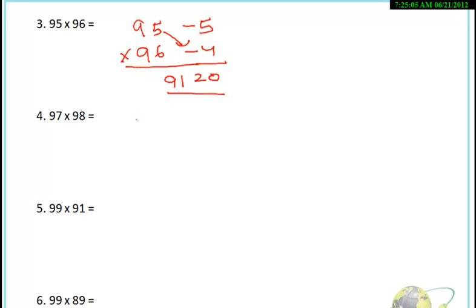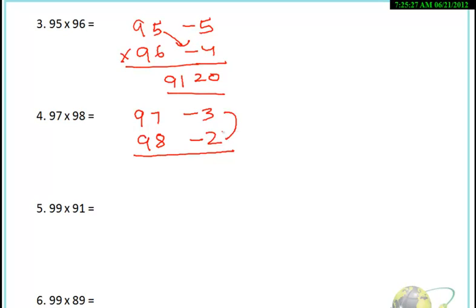Similarly, 97 into 98. It is minus 3 from 100 and it is minus 2 from 100. Now 3 twos are 6. But as we have already discussed, from this multiplication we have to fill up two digits since we are taking the base as 100, and there are two zeros in 100.